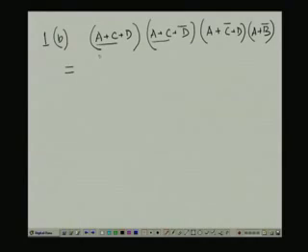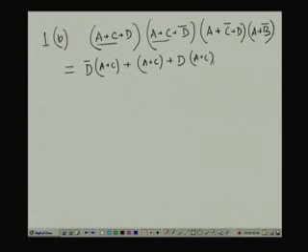So if I apply the distributive law, this is D bar times A plus C, plus A plus C plus D, and the last two terms we keep as they are.